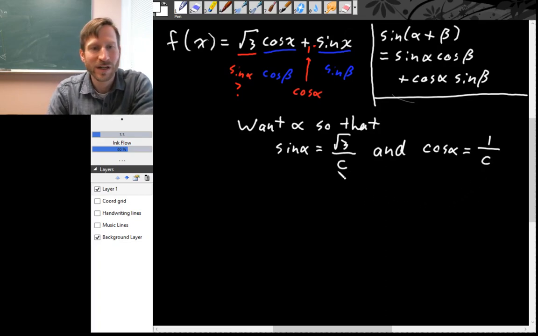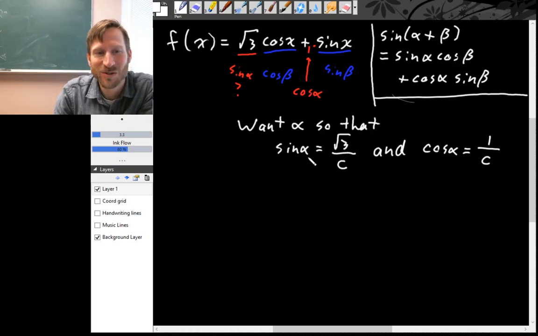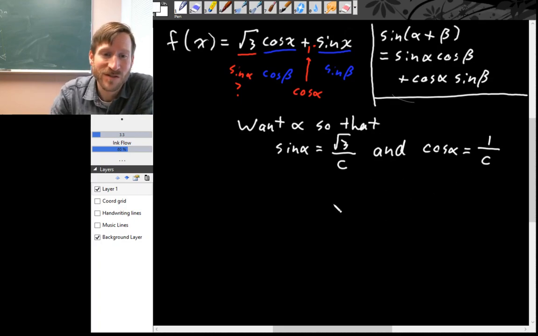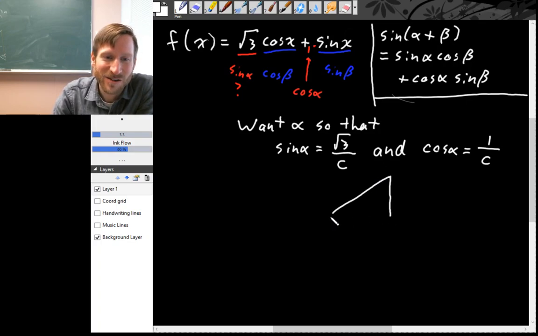Well, we sort of know a little bit about sine alpha and cosine alpha. These two equations are enough to let us actually sketch our right triangle picture. And let's put alpha down in this corner. It looks like for both of these, c is playing the role of the hypotenuse.